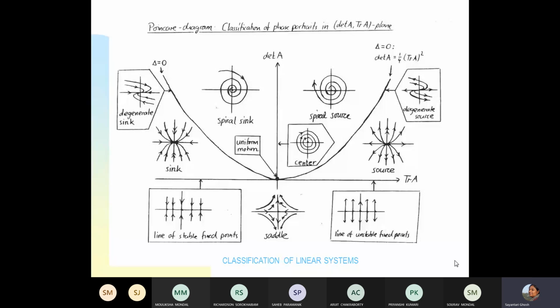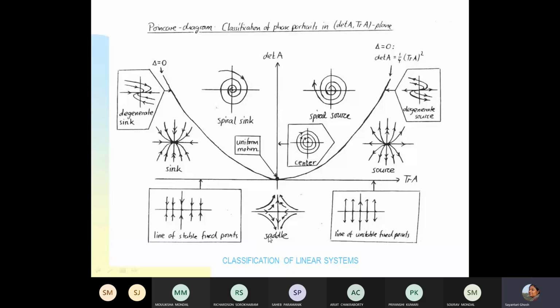Seeing sources, spirals which go inside and collapse on a point, spirals which come out of a point, centers, where the trace is zero and the system is staying on a tightrope kind of scenario, where just a point is there and consistent oscillations are taking place around that point, and saddles.